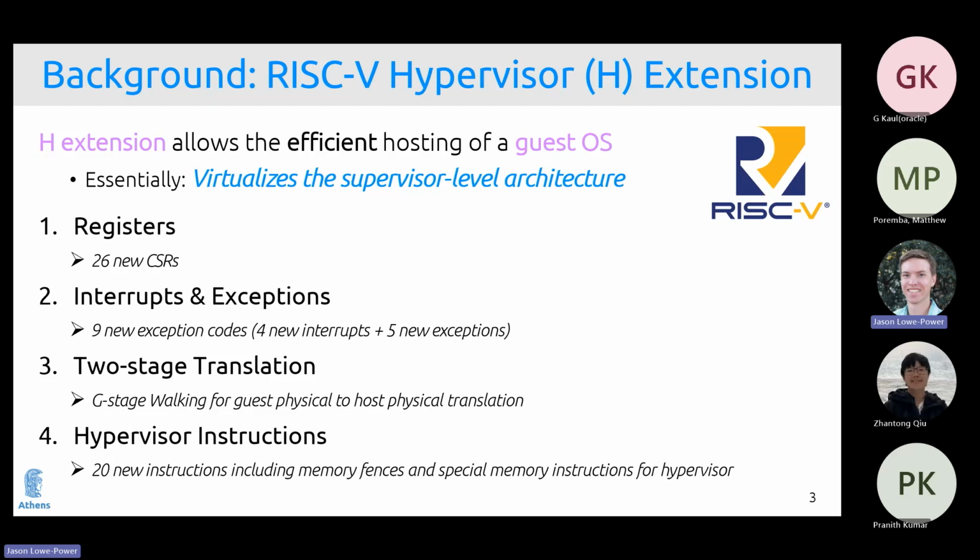The big thing is that you get the two-stage translation. You actually get a new type of page walk called the G-stage walk, which allows you to turn guest physical addresses, which are host virtual, to host physical addresses. And finally, you get some special hypervisor instructions that the hypervisor uses to perform some special memory accesses and some memory fences.